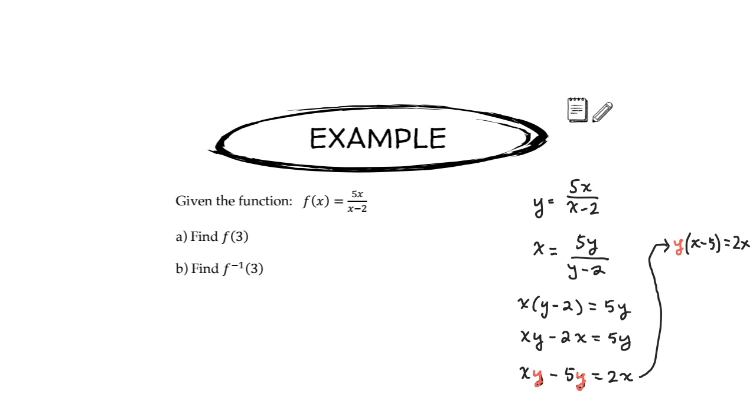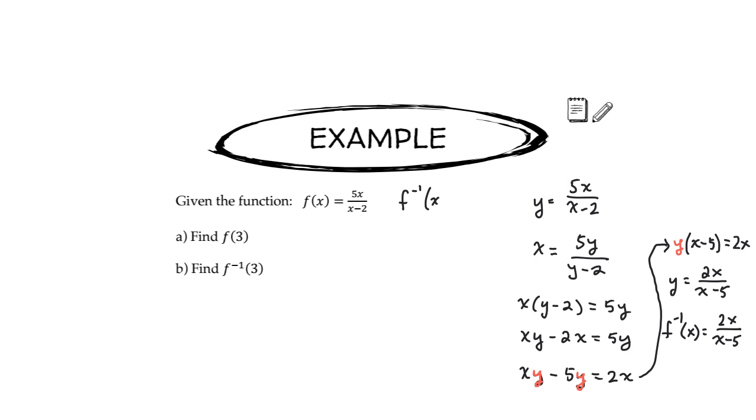And then when I divide both sides by x minus 5, I get y equals 2x over x minus 5. And this is the inverse that I was after. I'll use that notation, f inverse, and it's 2x over x minus 5. Let me write that back over here.